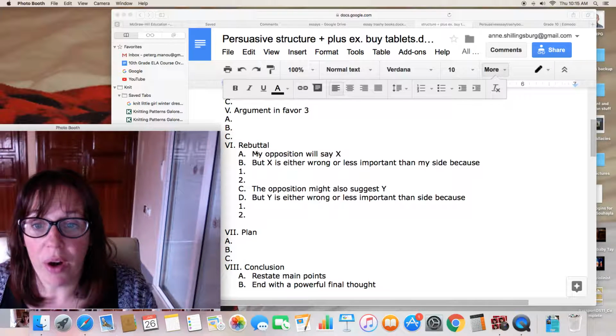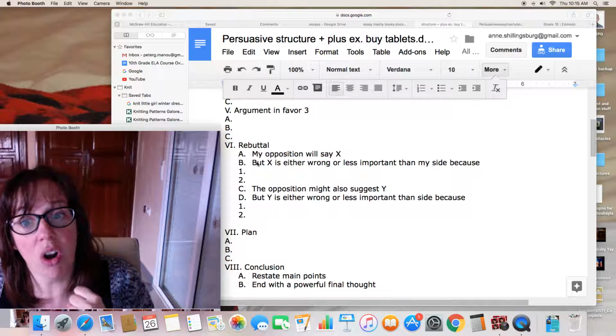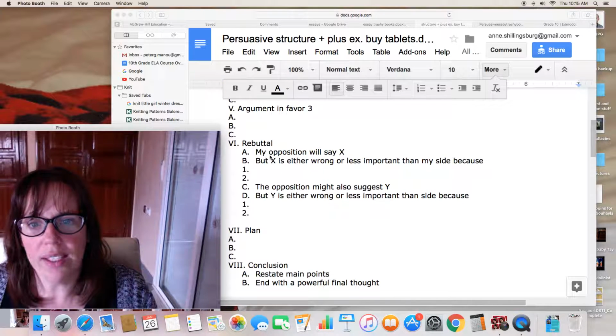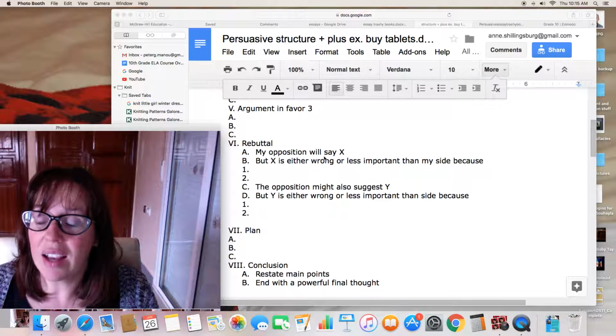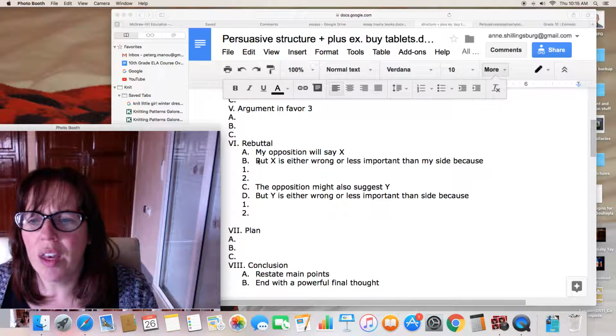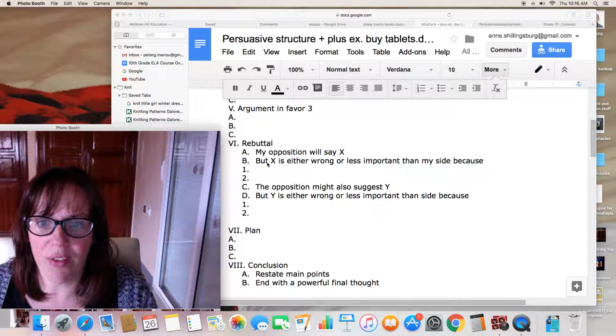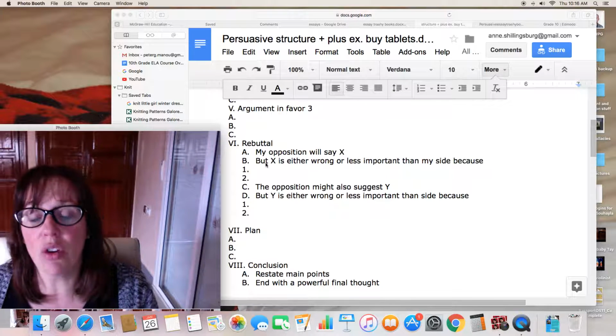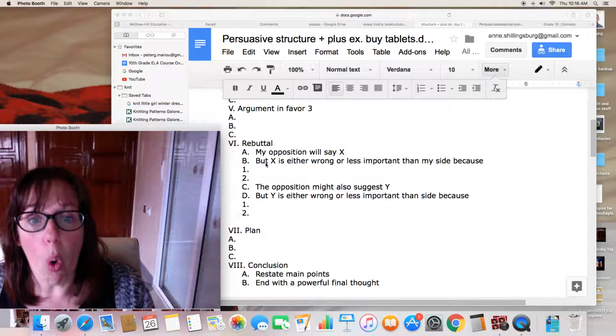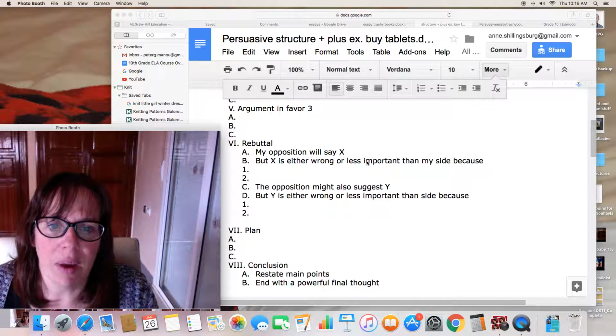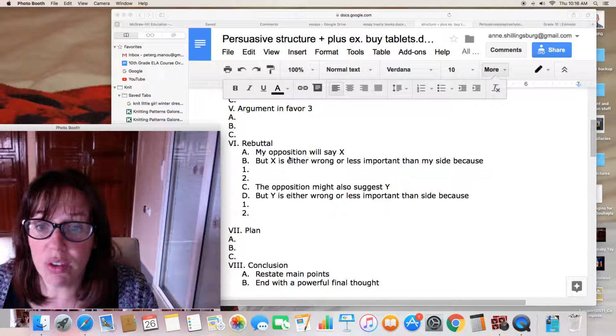However, in your rebuttal paragraph, in addition to acknowledging the other side, you also want to stay strong on your side. So while I say my opposition says X, I'm going to then add in the next detail, the next support for my rebuttal paragraph, saying that X is either wrong or illogical, or it's less important than my side. So I can say, it's true that these are cultural traditions, right?